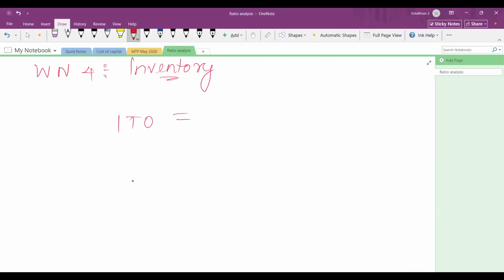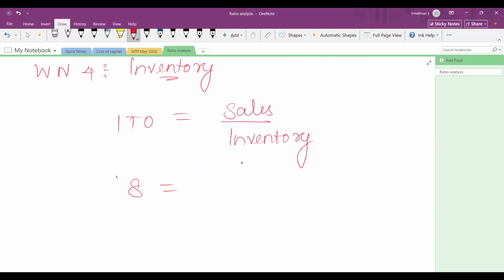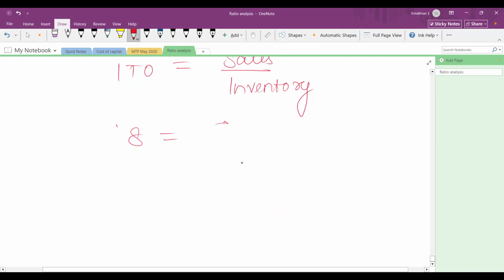Inventory turnover ratio in this question is sales by inventory. Inventory turnover ratio is 8 times. 8 is equal to sales of 7 lakh by inventory. Inventory, how much?